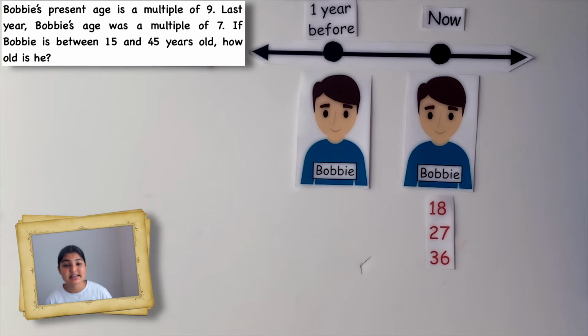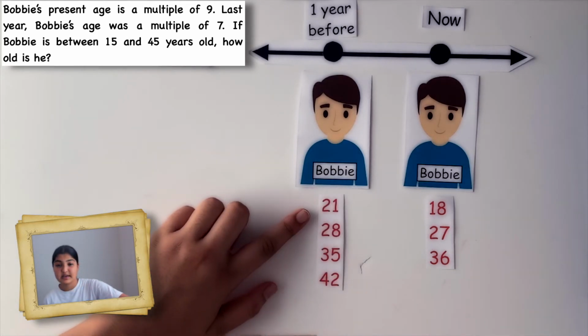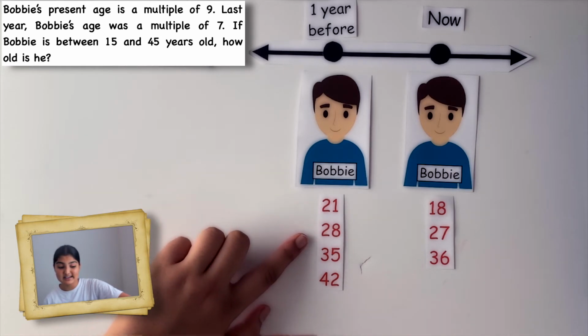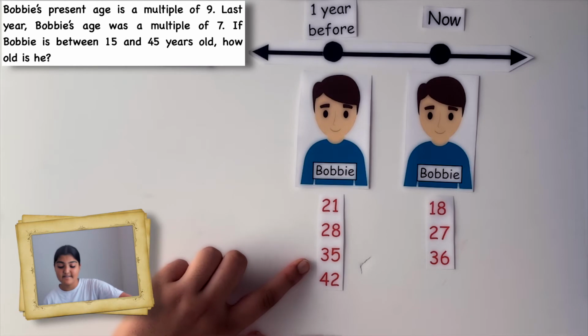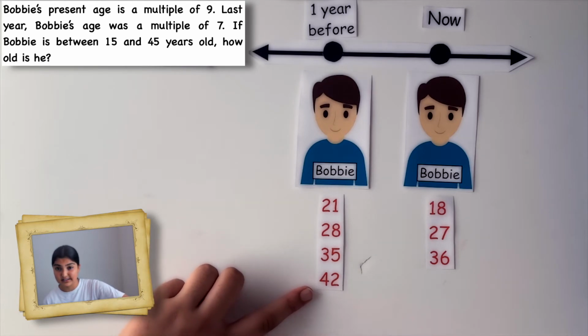So, let's write out all the multiples of 7 that are in this range. And those are 21, 28, 35, and 42.